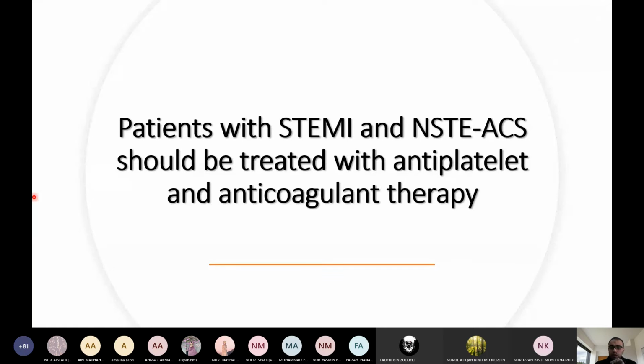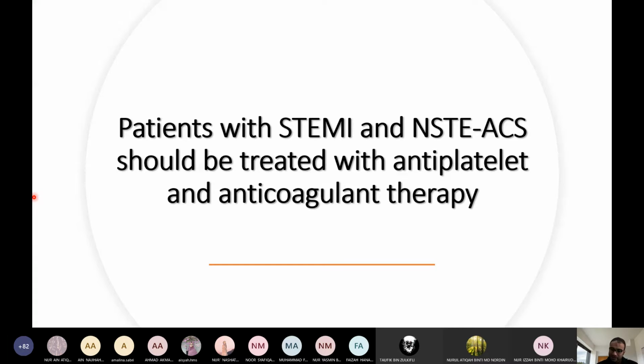If you remember, we highlighted that thrombosis management, or antithrombotic, antiplatelet or anticoagulant, is of paramount importance in the pharmacotherapy for ACS, STEMI or non-STEMI. So patients with STEMI and non-STEMI should be treated with antiplatelet or anticoagulant therapy.